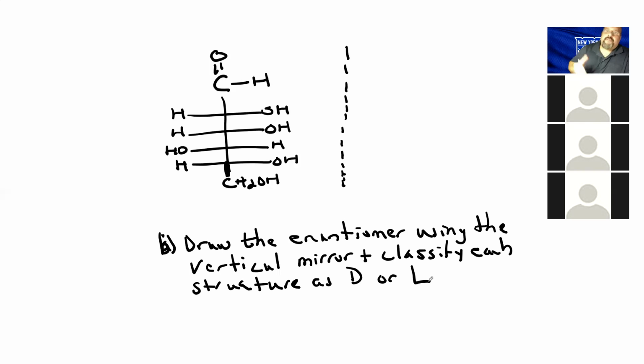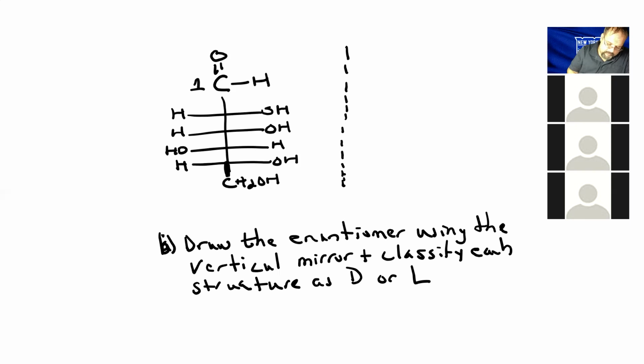Now, I sort of gave it away in the previous slide where I said this is D-glucose. But let's talk about exactly how you would know this is the D version of glucose. So how do we classify a monosaccharide as a D or L version? Remember, we look at the chiral carbon furthest from the C double bond O group.